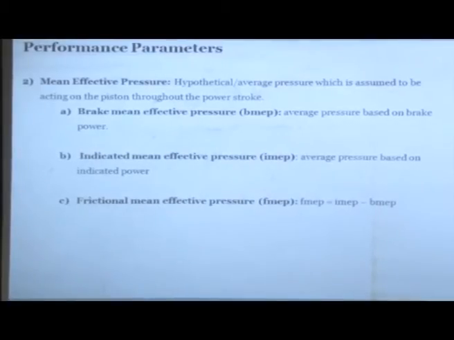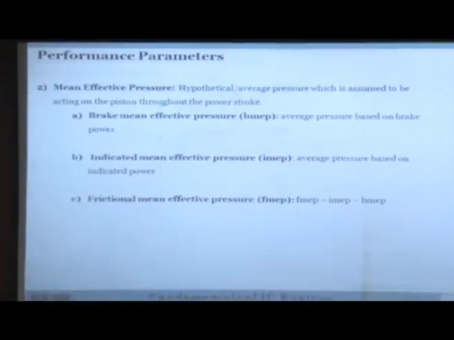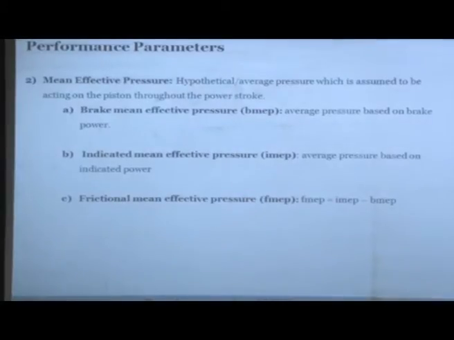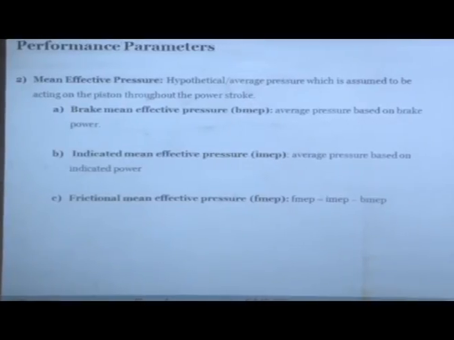So if you are producing more power, that means the pressure will be high in the cylinder, so mean effective pressure has to be higher. If you are producing lower power, you are putting less amount of fuel, mean effective pressure will be relatively lower. Okay? So it's that hypothetical or average pressure, its value does not change. In real life it does not have any meaning, it's just a parameter which is defined. In real life the pressure varies, but it's just that hypothetical average pressure which is assumed to be acting on the piston throughout the power stroke and gives you the same power output.